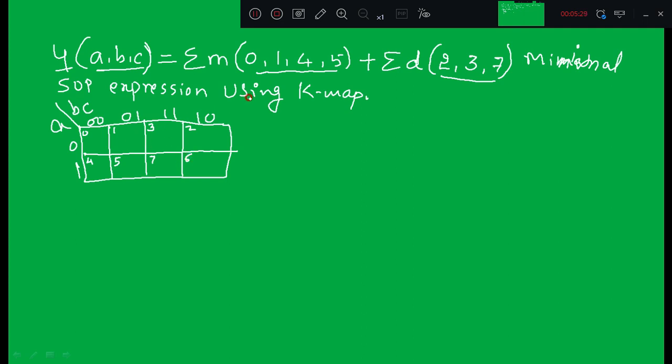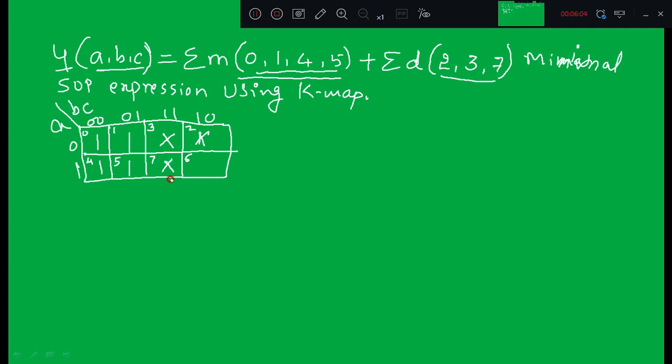Now we will fill these minterms 0, 1, 4, 5 in these cells. We write 1, because we are finding the minimal SOP expression and minterms are nothing but the ones. So 0, 1, then 4 and 5. Here 2 is a don't care term, write X in that cell. 3 is also a don't care term, and 7 is also a don't care term.